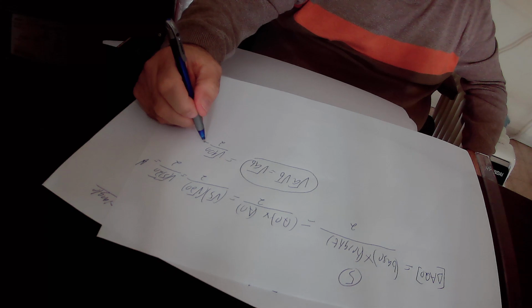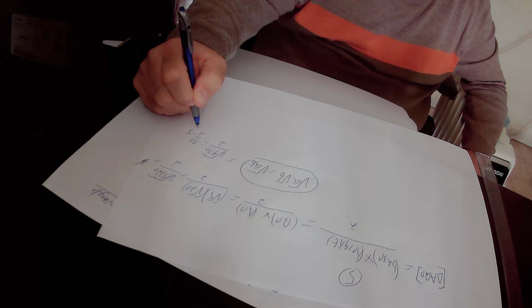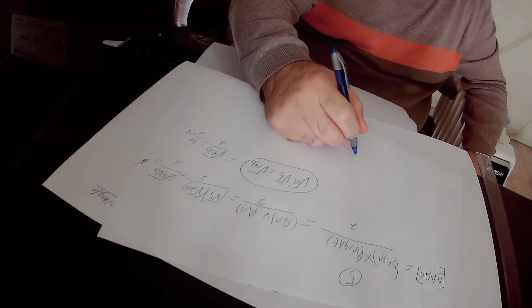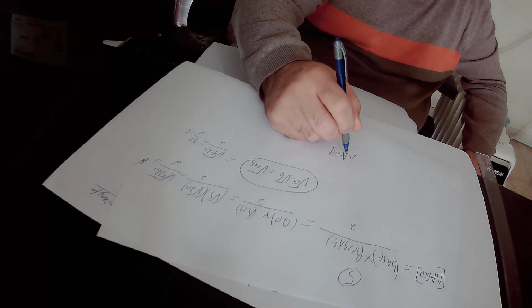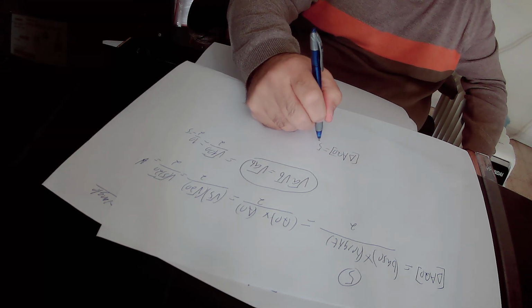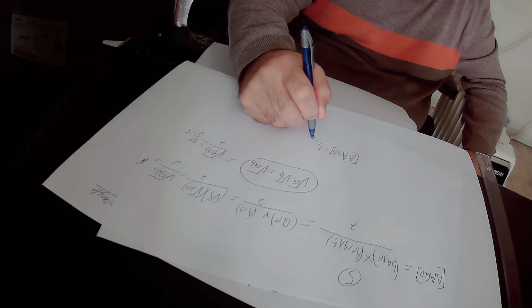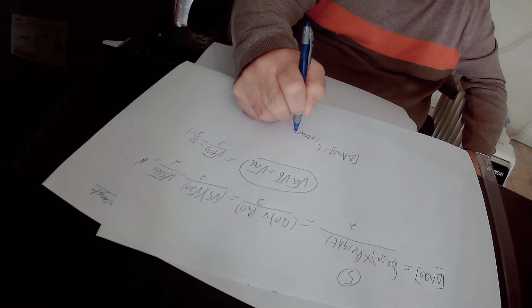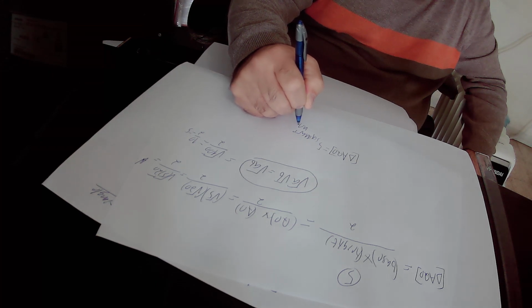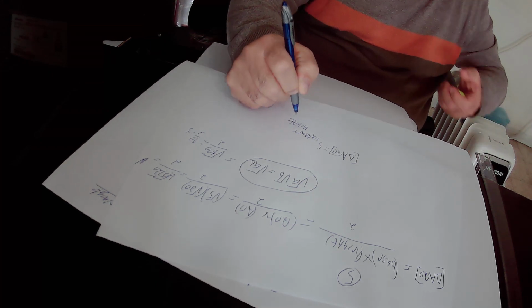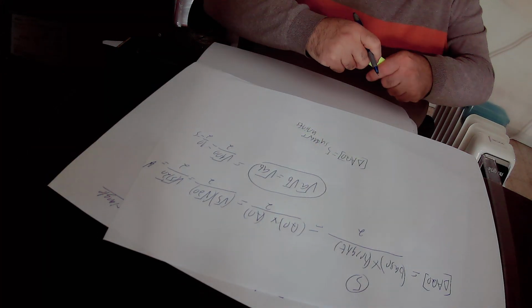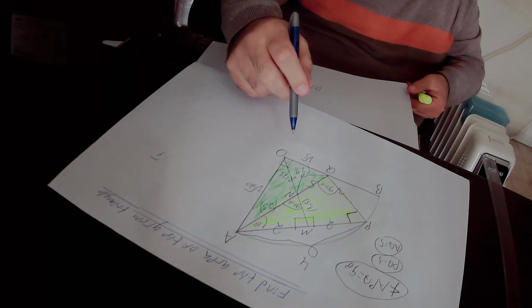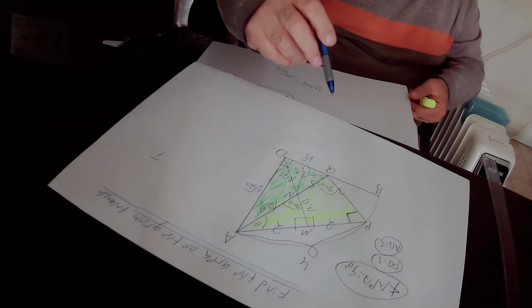The square root of 100 is 10, and 10 over 2 is 5. So finally we found out that the area of the green right triangle AQO equals 5 square units. Repeat again. The area of this green right triangle AOQ equals 5 square units.